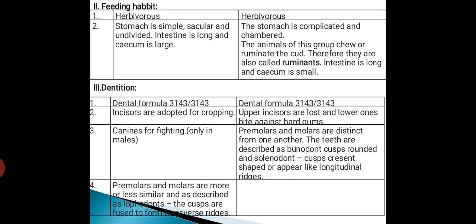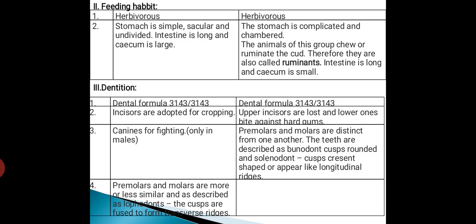The same is true of both Artiodactyla and Perissodactyla. The incisors are adapted for cropping in Artiodactyla, and in Perissodactyla the upper incisors are lost and the lower ones bite against the hard gums.